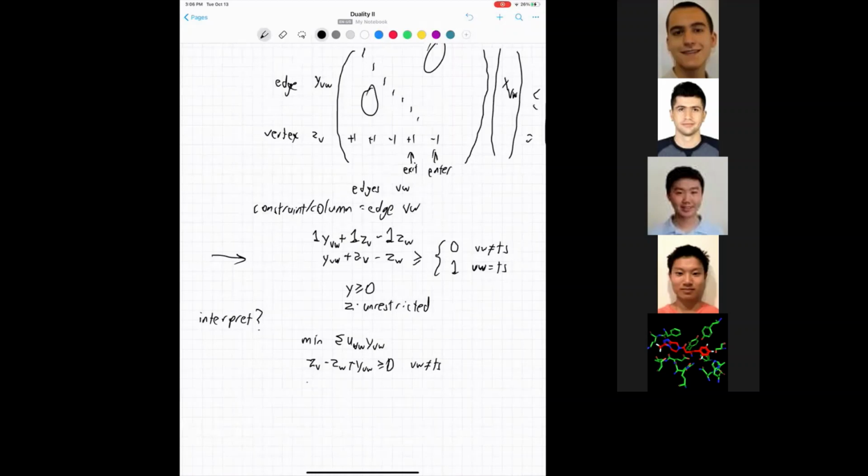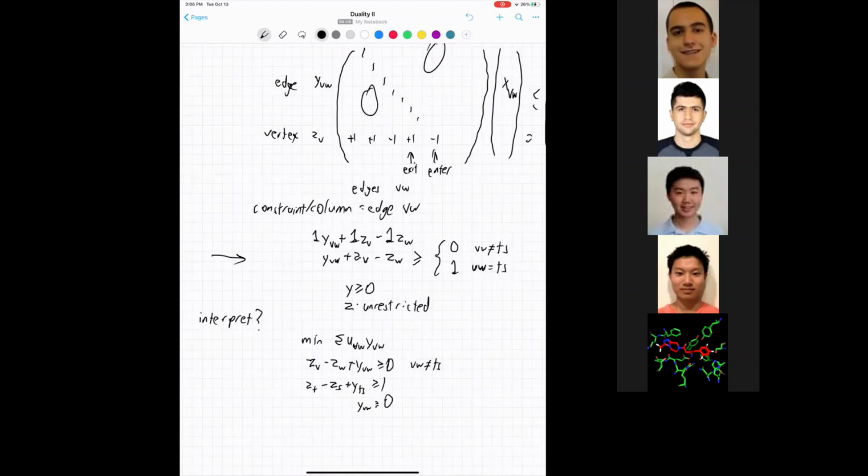And meanwhile, ZT minus ZS plus YTS has to be greater than or equal to 1. And all the Y variables have to be greater than or equal to 0. Okay. So how can we interpret this linear program? We've got a value per edge, and we also have a value per vertex. But what can we understand these values to mean?